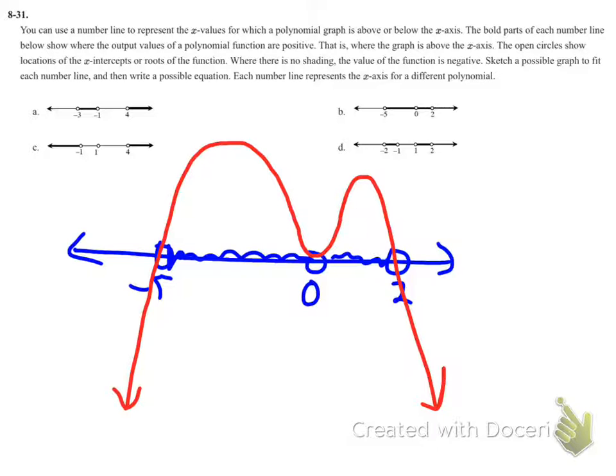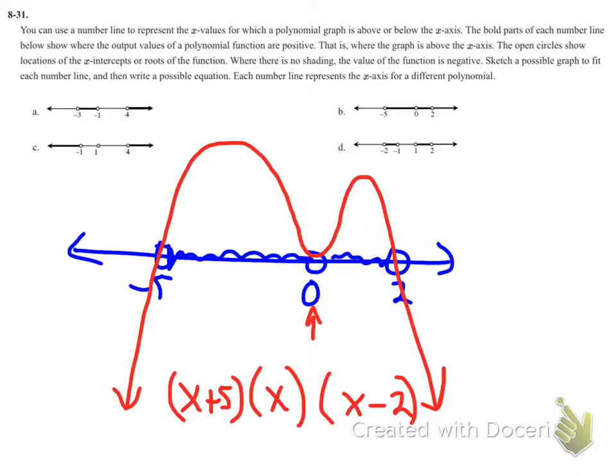So I have a factor of x plus 5. From this one, I would have x plus 0, but we normally don't write the plus 0, so it's going to be just x. And then we also have a factor of x minus 2.